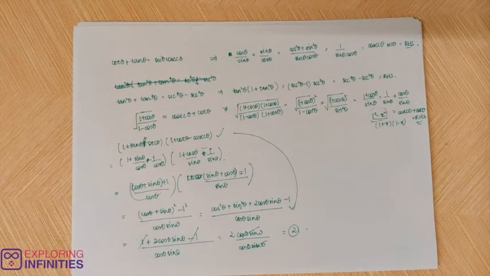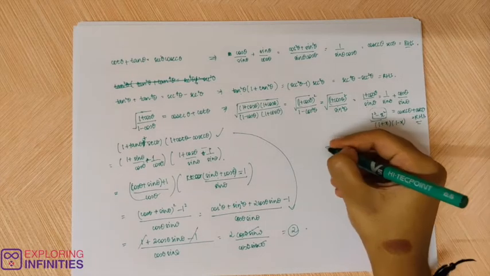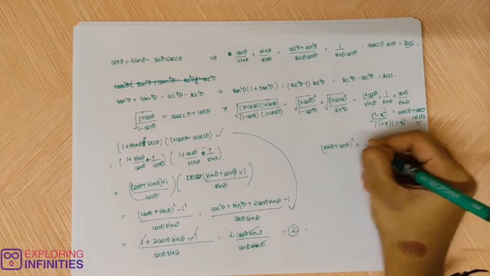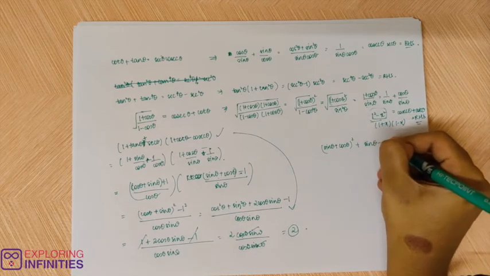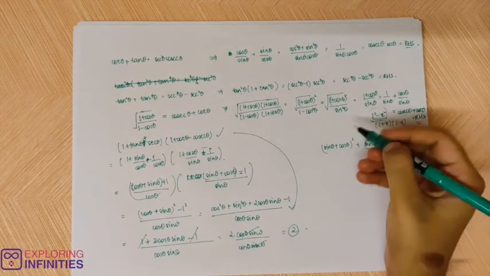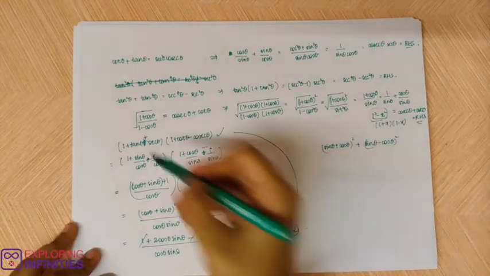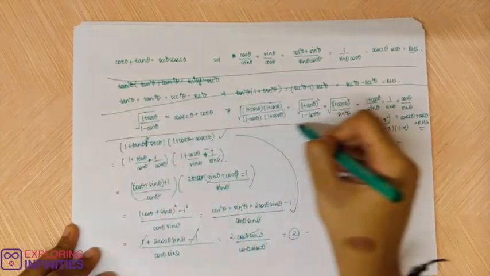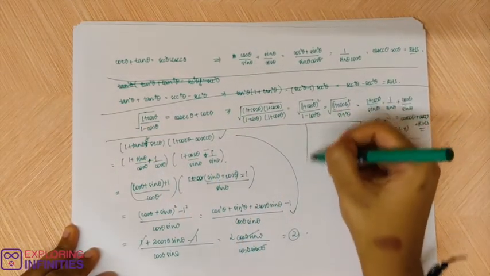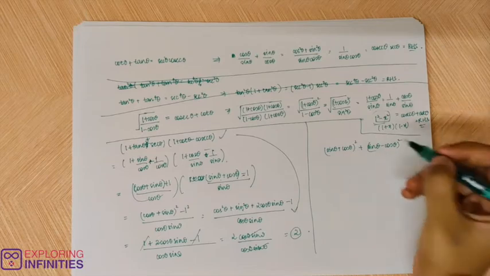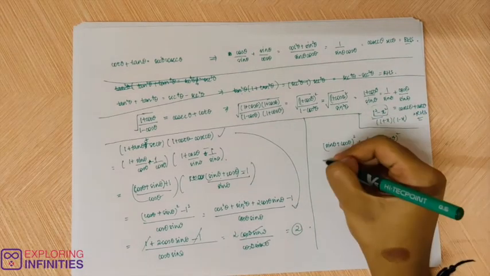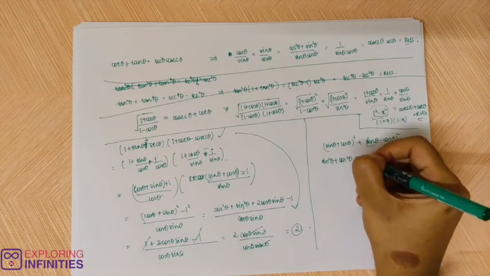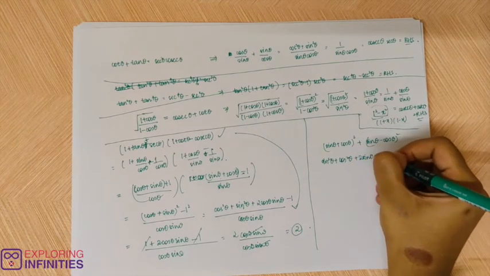So let's take another question. Sin theta plus cos theta whole square plus sin theta minus cos theta whole square, right? So this will be (a plus b) whole square, that is sin square theta plus cos square theta plus 2 sin theta cos theta.